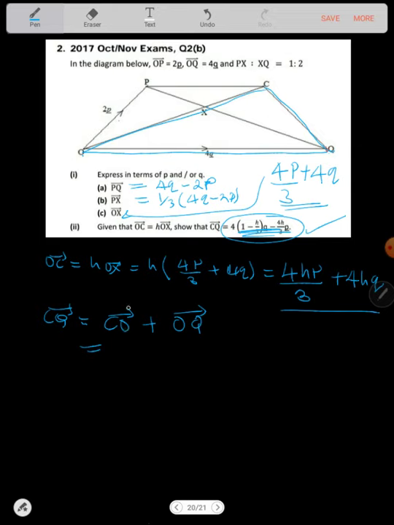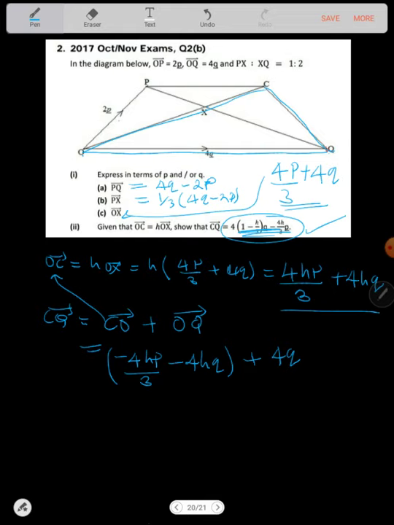Now CO is opposite to this. You can see this is CO. Because it's in the opposite direction, it's going to be negative. So we introduce a negative: negative 4HP over 3 minus 4HQ, then plus OQ, which is 4Q.